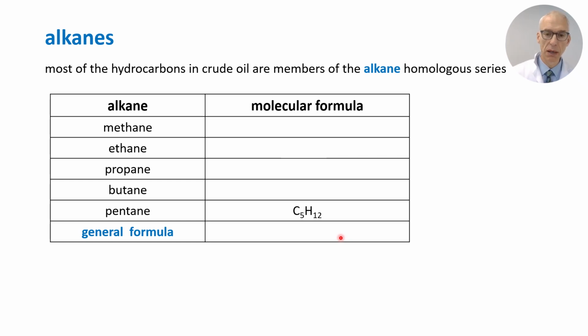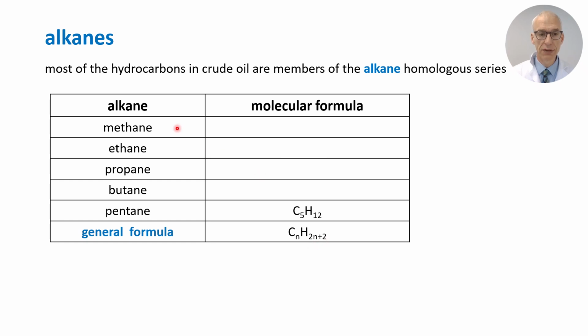Pause, come back if you can do it. Okay, so the general formula is written not as a number 5, but as an unknown number n. And if we multiply 5 by 2 and add 2, we get to 12. So the number of hydrogens is 2n plus 2.